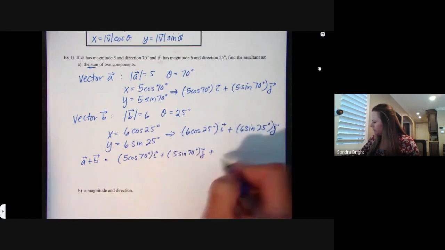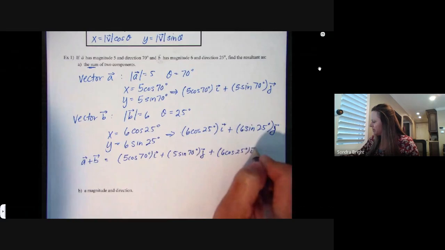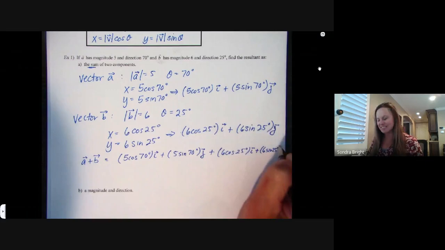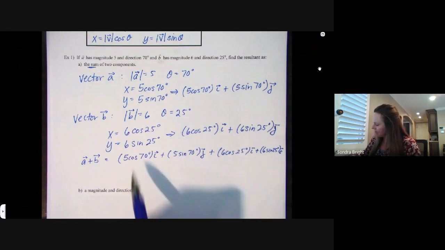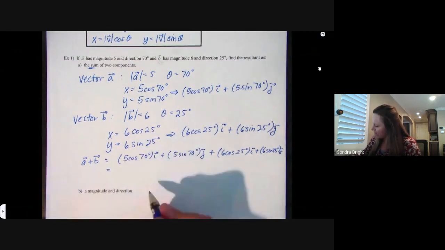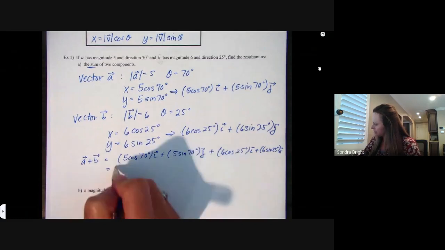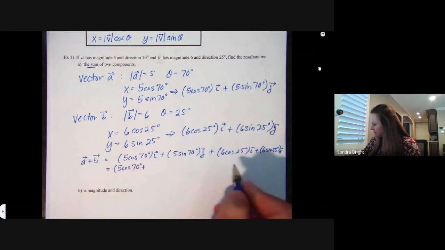I'm going to run out of room. Just barely squeezed it. Okay. Then what you're going to do is add the i's together. You'll combine like terms, right? So in front of i, you'll have 5 cosine of 70 degrees plus 6 cosine of 25 degrees times vector i.